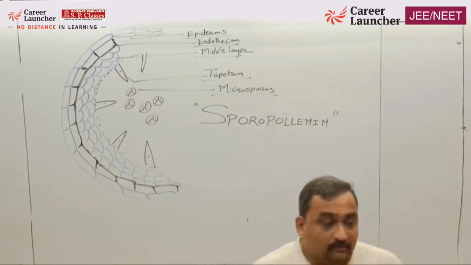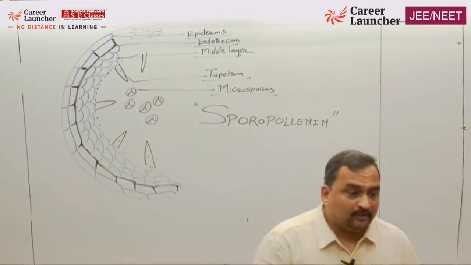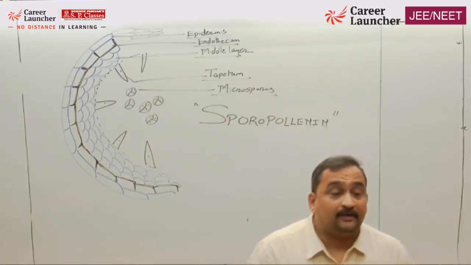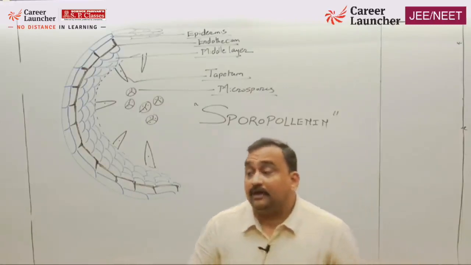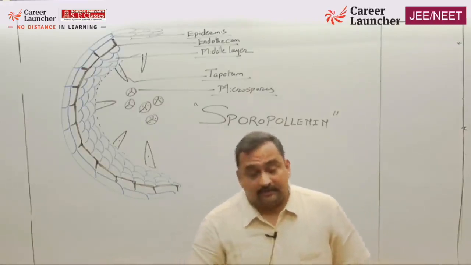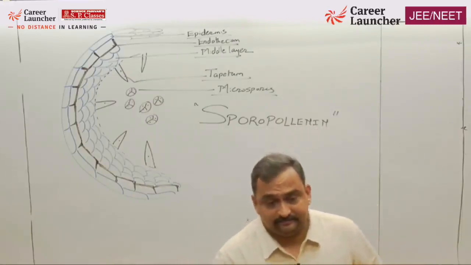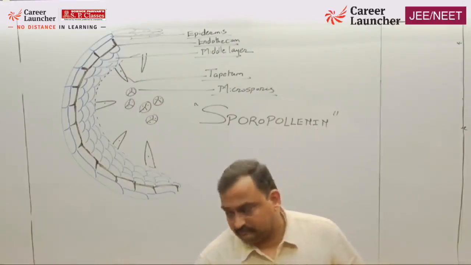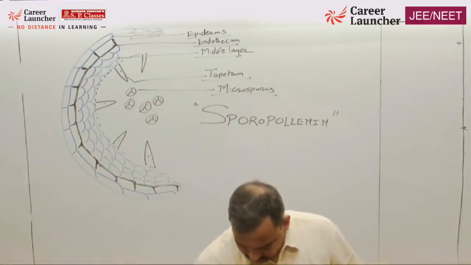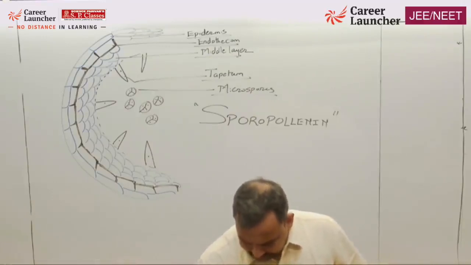Last B. A was anther wall. Now we go to B part. What is B part? Microsporangia.